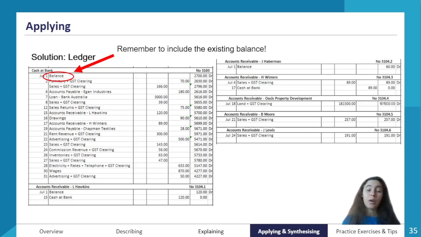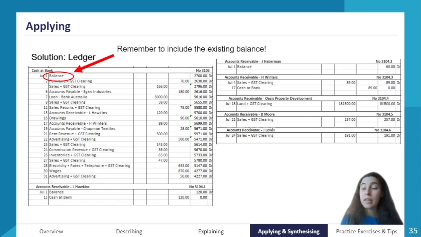And you can see that we've got the same thing for the accounts receivable. We had that existing balance at the start of the period. That was in our opening entry for our general journal, $120 for L. Hawkins. And then we actually paid that amount off. So we did a credit to that debit of 120, and we end the period with nil for that account.